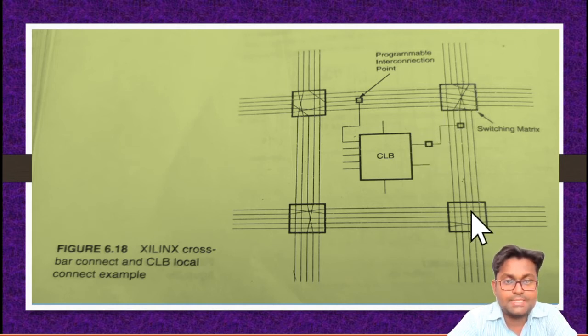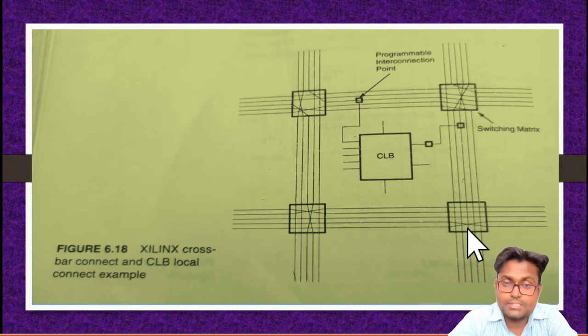These channels can be programmed. Here the rectangle box is the programmable interconnection. The interconnection between the horizontal path and the vertical path is done by using a switching matrix.